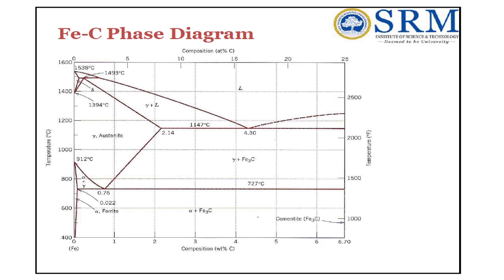This type of transformation is called the polymorphic process. If the change is reversible when we are cooling, where delta changes to gamma, that is BCC into FCC, and once again gamma austenite changes into alpha ferrite, a BCC structure at low temperature, this process is called the allotropic process.